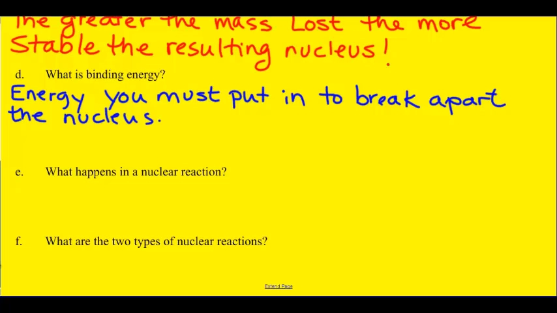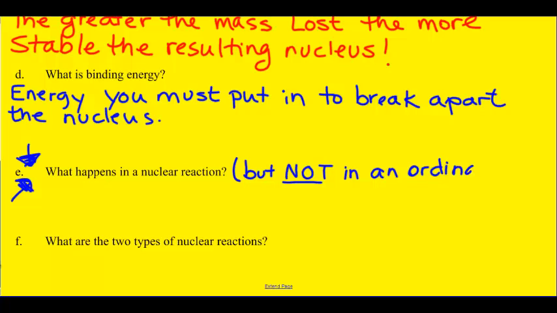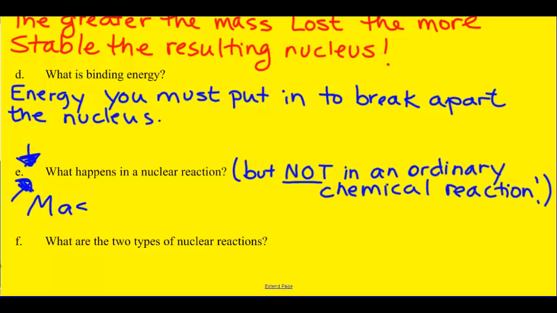So the bottom line, probably the most important thing that happens in a nuclear reaction, but not in an ordinary chemical reaction, is that mass is converted to energy.